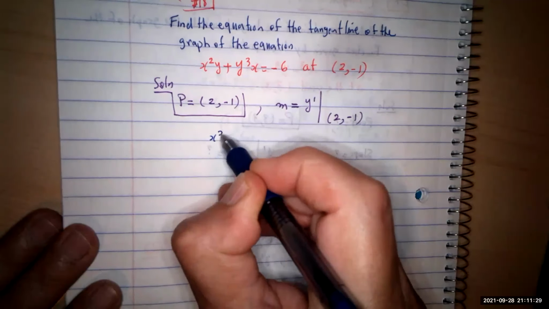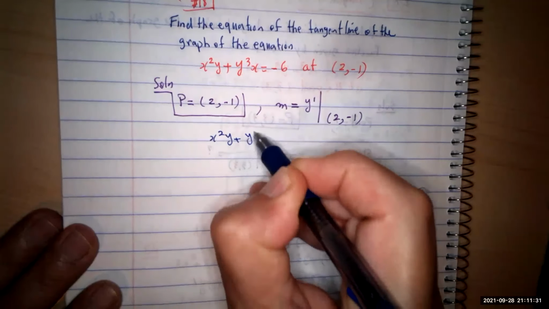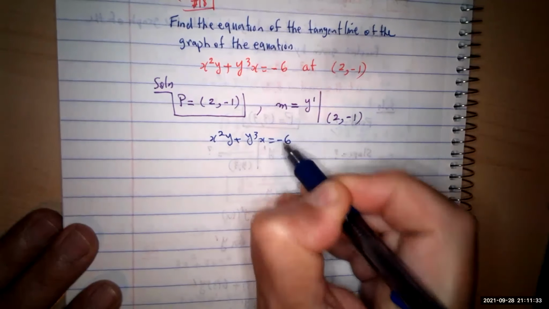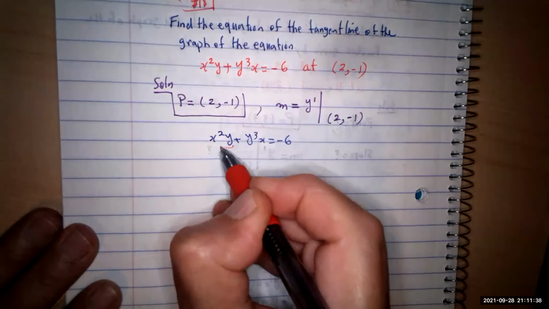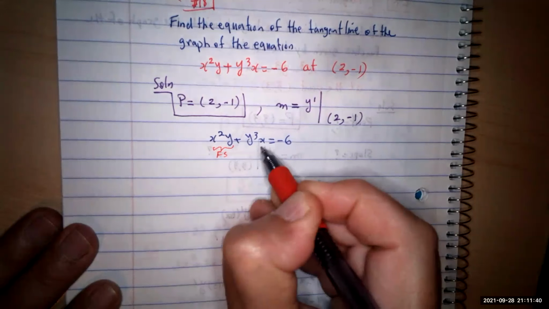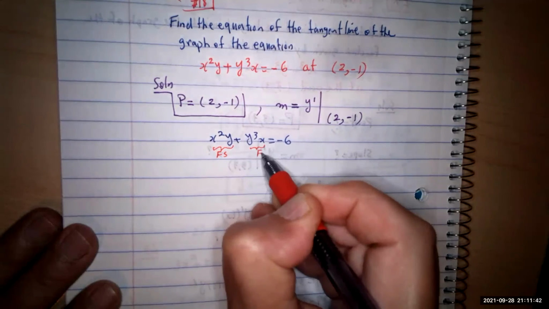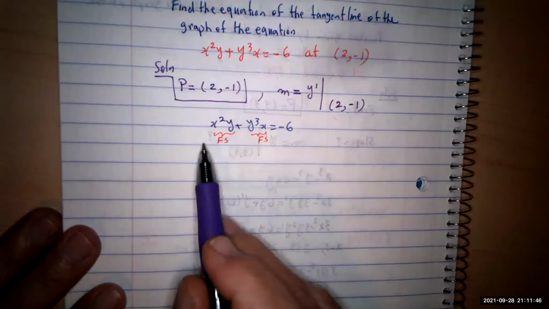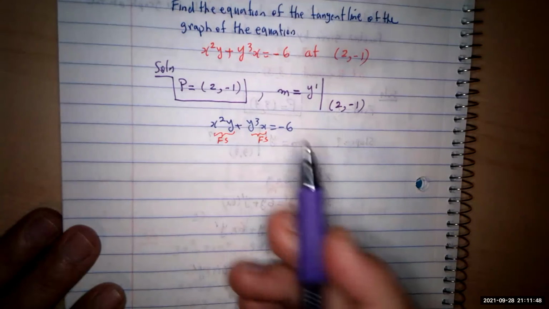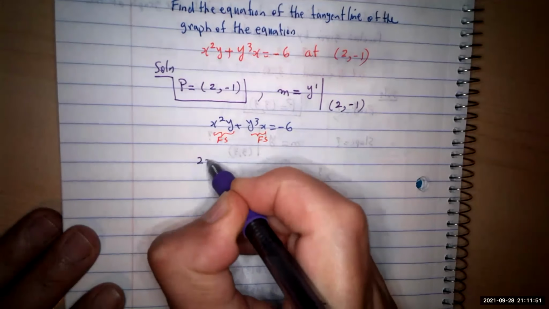You've got to be careful because we have two products. Both of them you have to apply the product rule. This is the product rule, and this is the product rule. Be careful. Here you are. Derivative of the first times second. The first is x squared. Derivative of x squared is 2x, times y.